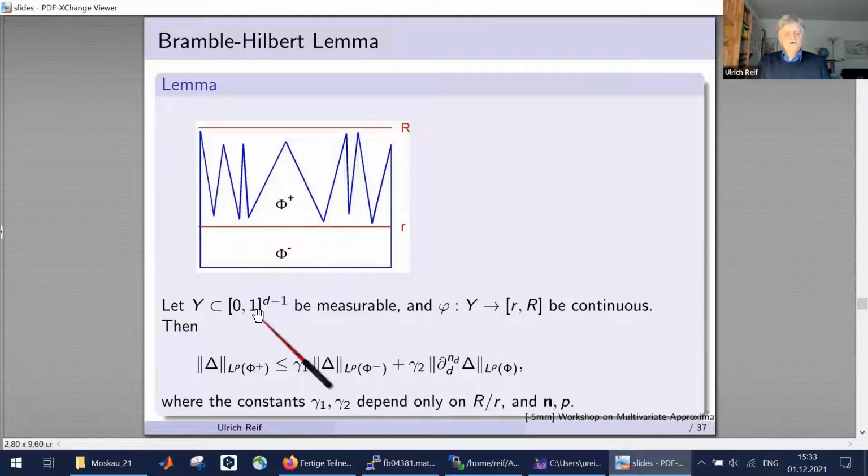Then you can bound the L^p norm in this upper region in terms of the bound on the lower region and the norm of the partial derivative in the up direction. So this allows you to control the error propagation from this part here to the whole domain.